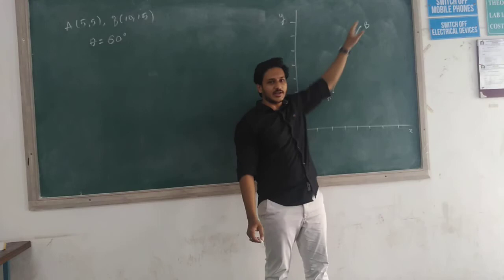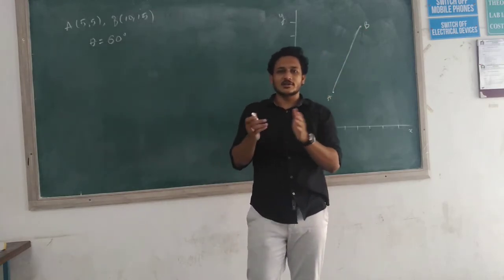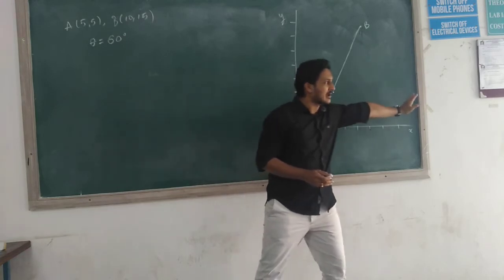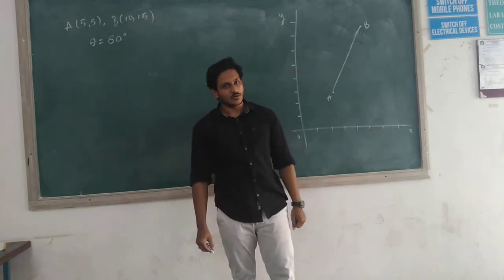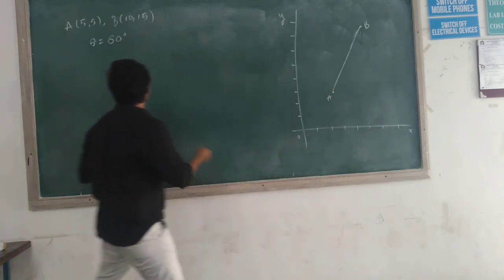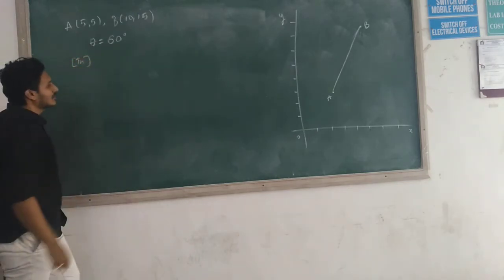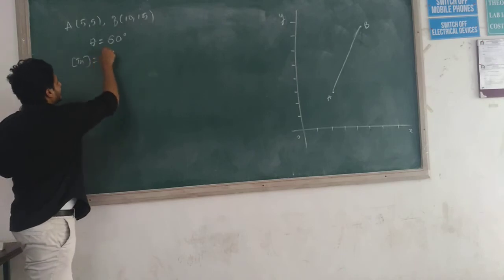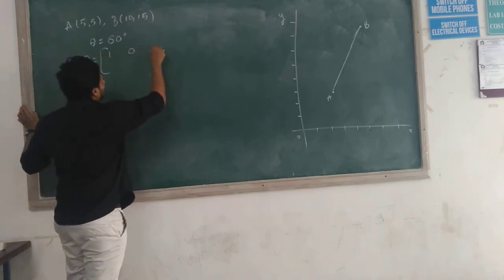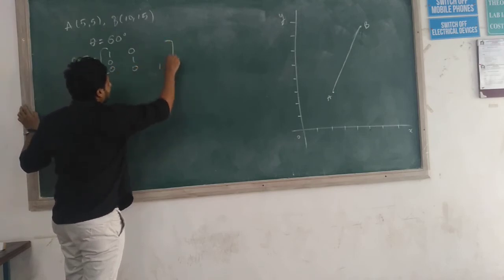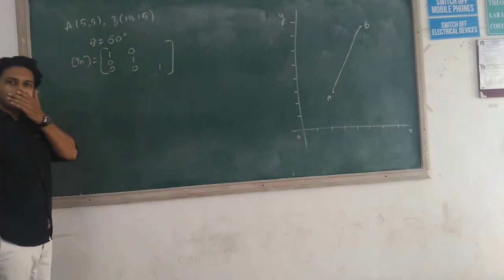body about any point, we are also having the translation of the body from this position to some other position. Okay. So first we have to take the translation transformation matrix. This is 1 0 tx, 0 1 ty, 0 0 1, right?